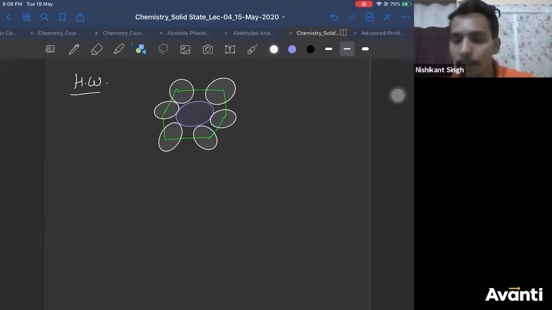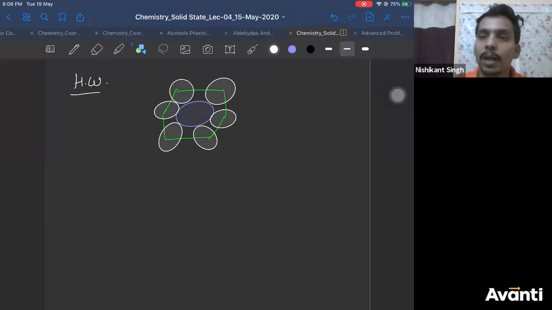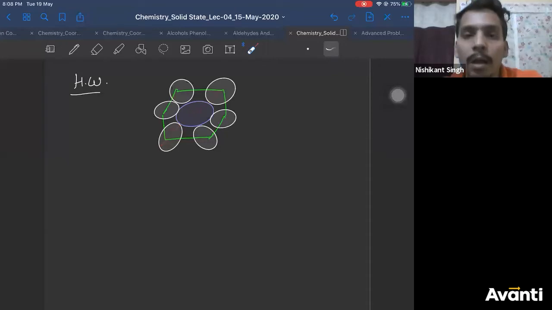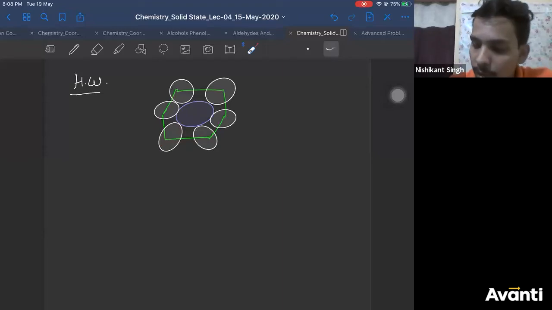Try to find the packing efficiency of this. Again, the particles touching are the particles, this one. Pritesh, try to solve this. You can try solving this for tomorrow.